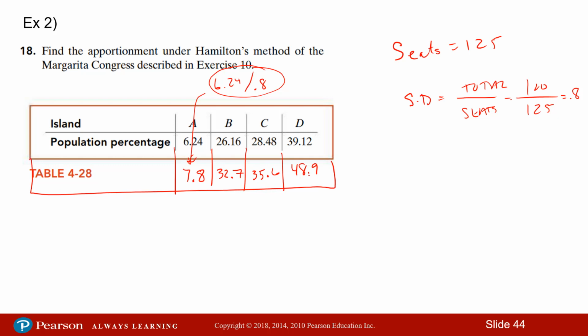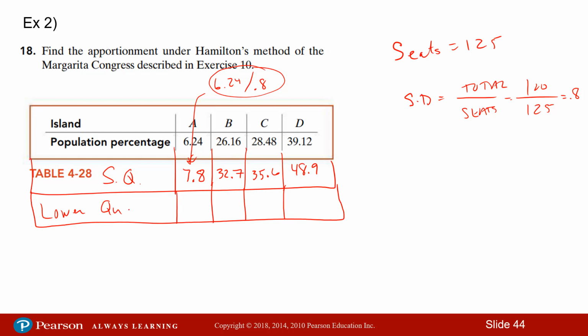Okay, so this was our standard quota, SQ. Boom. So then we do our lower quota, LQ. Okay, I'll write it out here. Lower quota, so 7, 32, 35, 48. And then let's do a total over here.